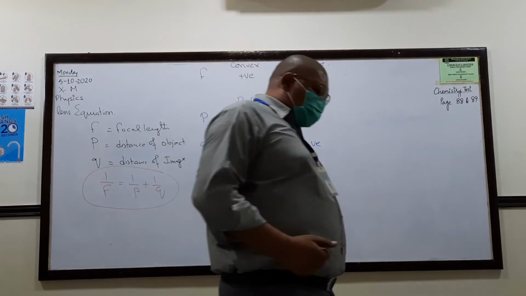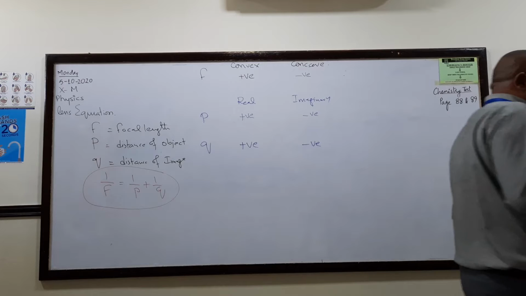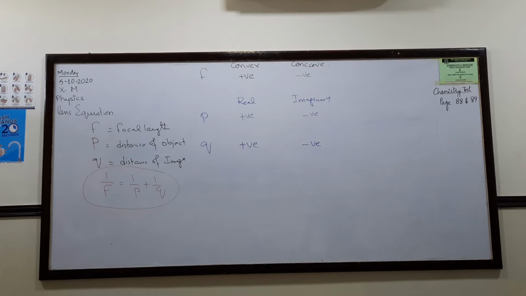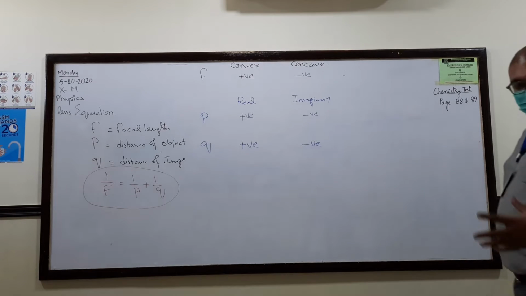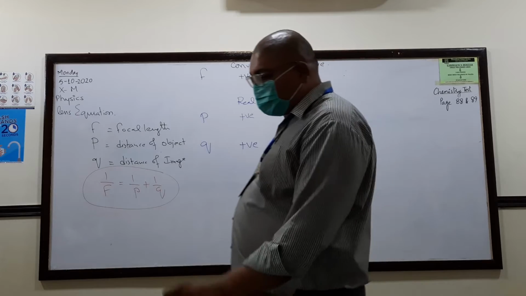If he says the q value is 6 and the image is real, then you should note the q value as +6. If he himself says in the numerical that the value is negative or positive, follow that.